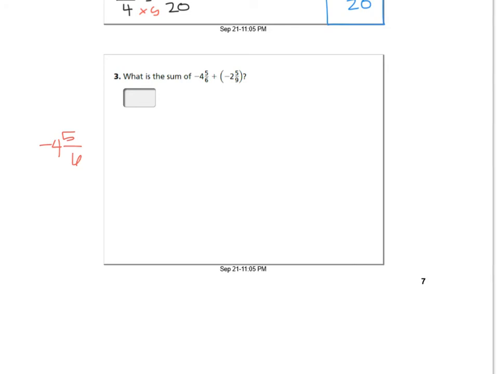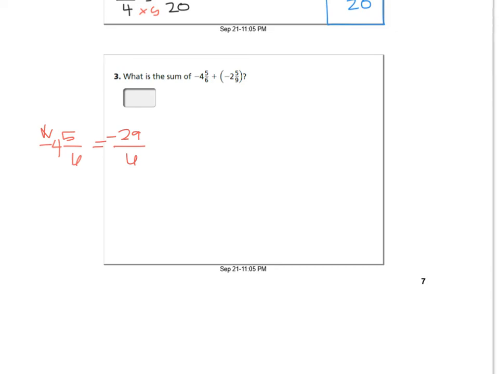All right, so we're going to do 4 times 6, which is 24, plus 5, which is going to be 29. But our 4 was negative, so our sign is going to be negative.